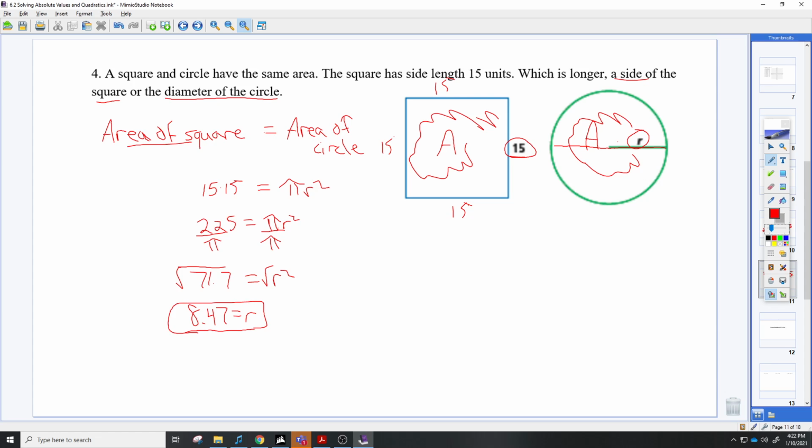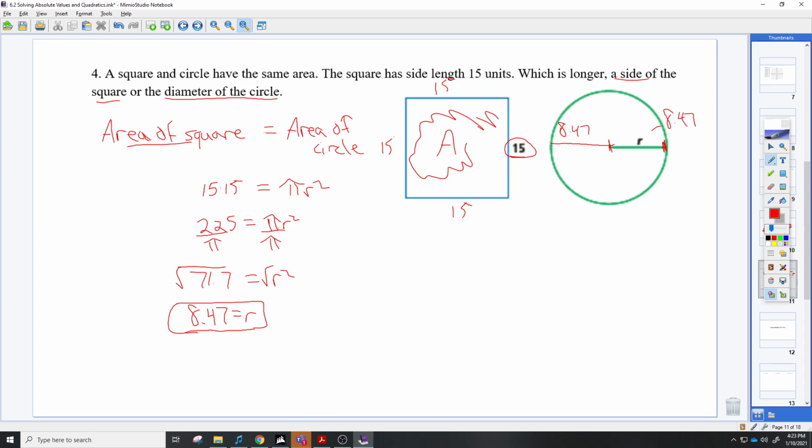So if the radius is 8.47, what would be the diameter? Maybe erase the rest of this stuff here. Going all the way across, you just have to double it. So from here to here is 8.47. So this is also 8.47. So we just add them together.